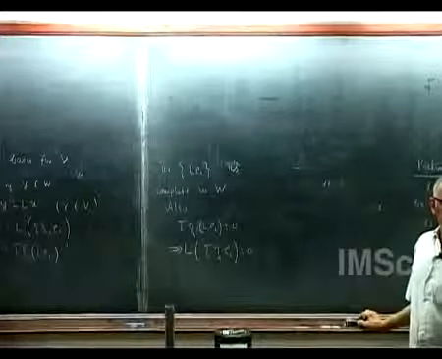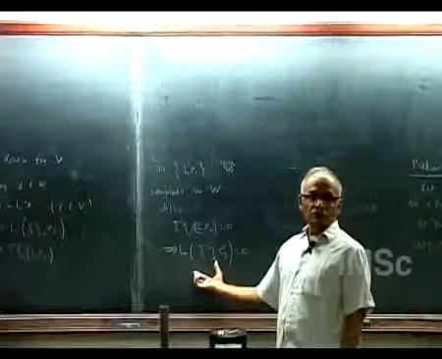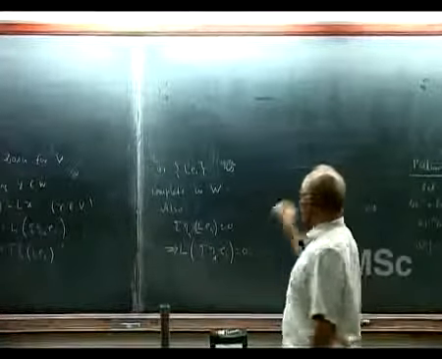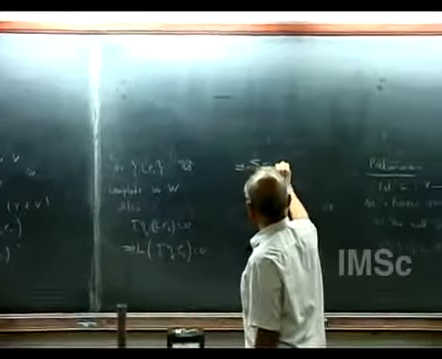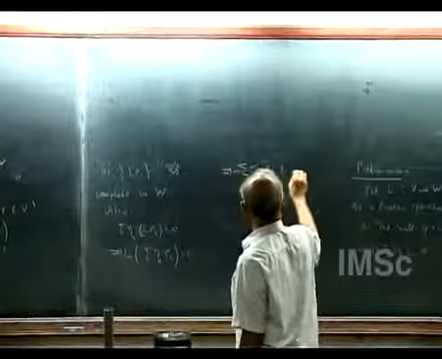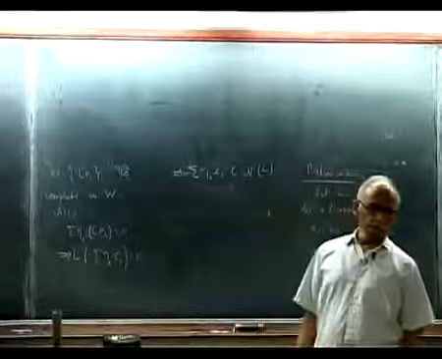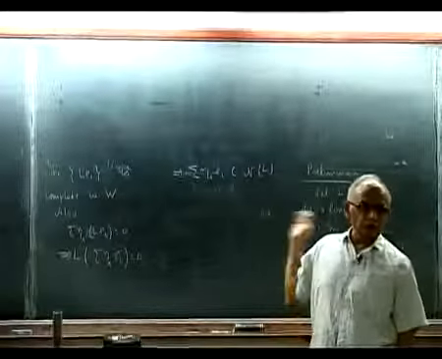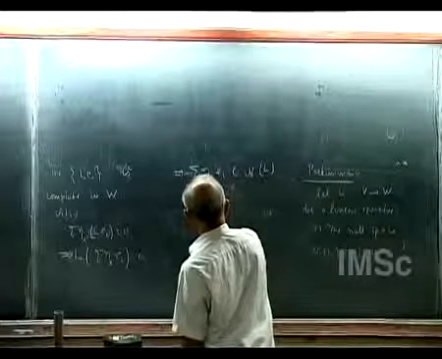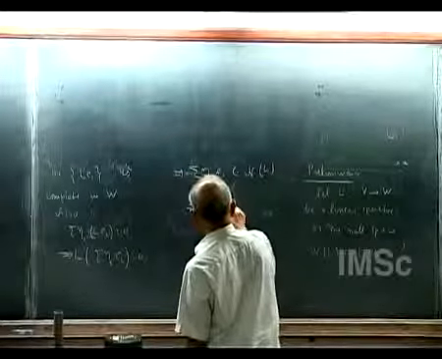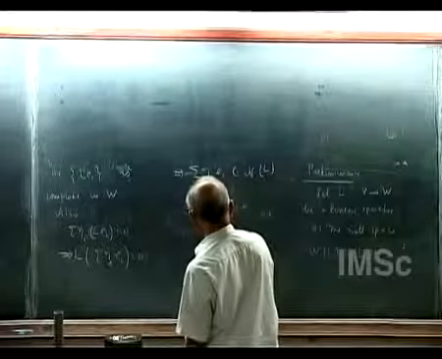So, what do I say? L is annihilating this. So, it is in the null space, right? Eta_i E_i is in the null space of L, but there is only one 0 there. So, this means eta_i E_i is 0, but these are linearly independent. So, this implies eta_i is 0.